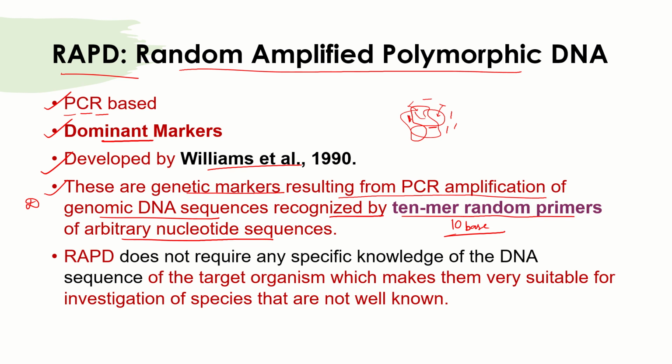And then the PCR is run, meaning copies of the particular area where the primer binds will be amplified. Then via gel electrophoresis we are going to separate them, the same technique will be followed and the bands will be generated. So this is how this technique works.